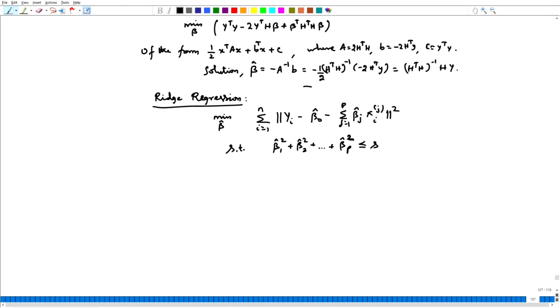To explain what this means: you are computing the least squares, but what you want is that the sum of squares of the coefficients, beta 1 hat, beta 2 hat, up to beta p hat, should not exceed a certain value.